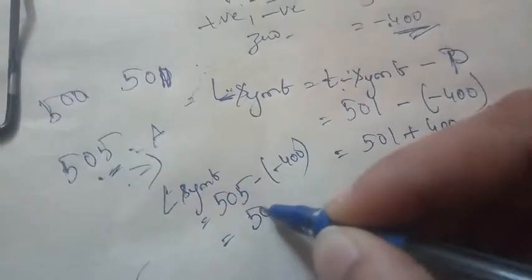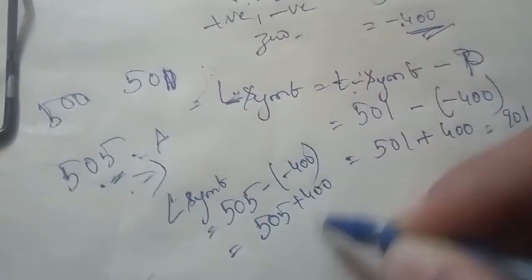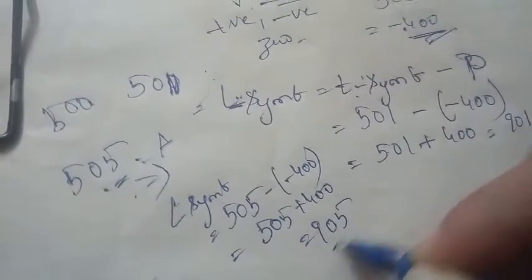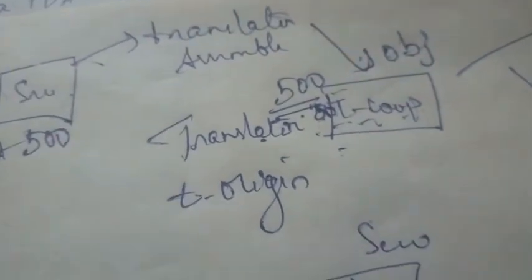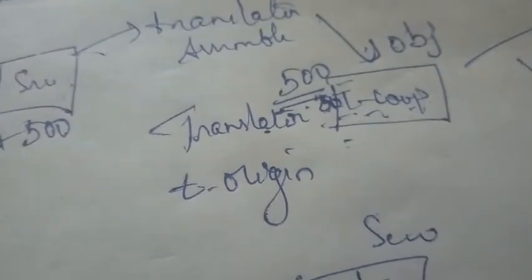That is nothing but 505 plus 400, which equals 905. So this is how we calculate the address of a symbol used in the program, by adding the relocation factor. This is the relocation factor algorithm.